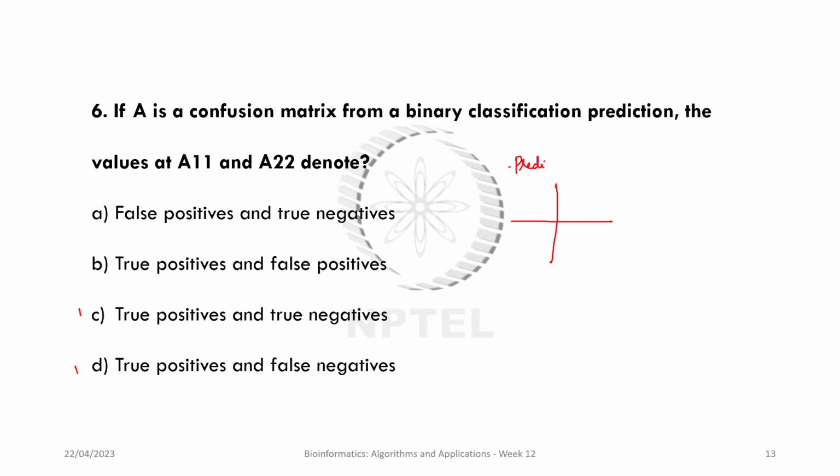You have predicted on one side and experimental or actual on the other axis, and you have the distribution of true positives, sorry, false negatives, true negative, and false positive. Okay, so Malini goes with D and Nagamani has shifted to C. Ha, so that is the problem.